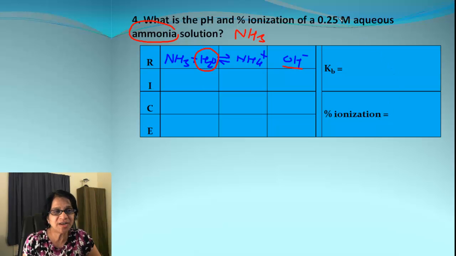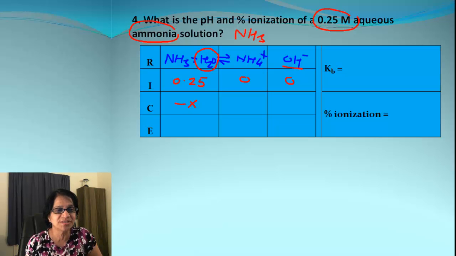So just like we did for the acid, the molarity is known as 0.25. So we begin with an initial concentration of 0.25, and at time t equal to 0 we have no ions, that's equal to 0. And when X moles are ionizing, what do we get as the relative ratio for the ions? It's 1 to 1 to 1.